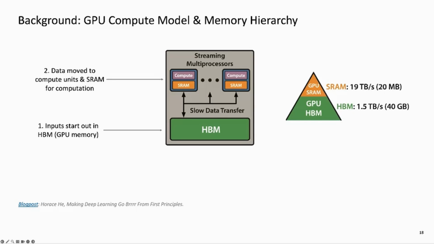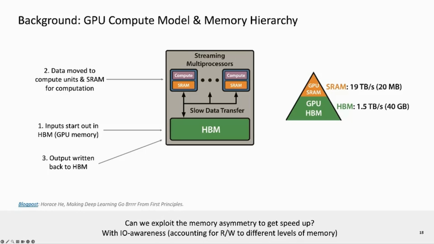Then in the end, you do the computation and write the output back to HBM. So the question is, can we exploit the memory asymmetry to get speedup? And the answer is yes. If we design algorithms to be IO aware, if we account for reads and writes to different levels of memory, we can exploit this asymmetry.